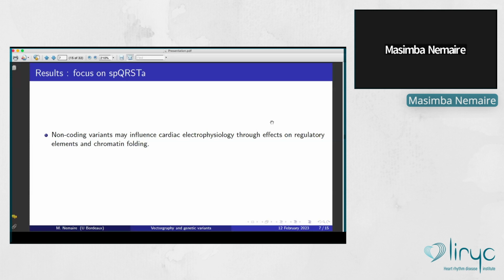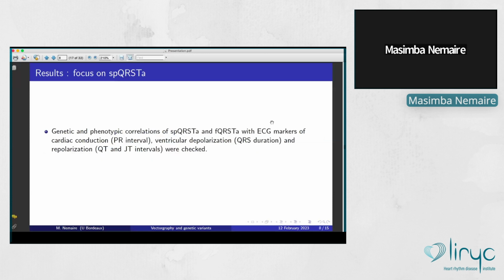So maybe some processes are going to be impacted much more by these non-coding genes, and depending on how they are being expressed, they will affect maybe ion channels and stuff like that. So they identified that 17 of the loci had promoter interactions in the left ventricle and right ventricle tissues.